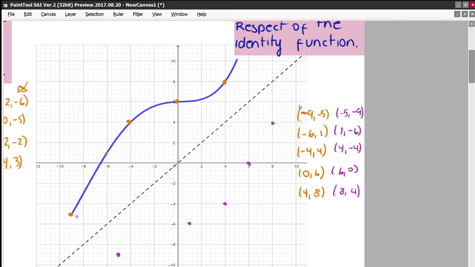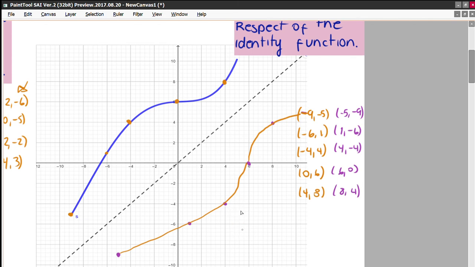So my graph is going to look like this. Notice that my original function gets closer to the symmetric line, so I have to do the same. And that's it. There's symmetry, and we have our graph for the inverse function.